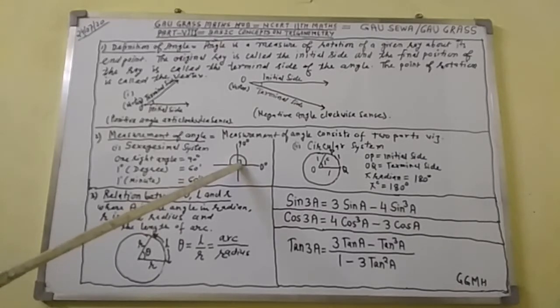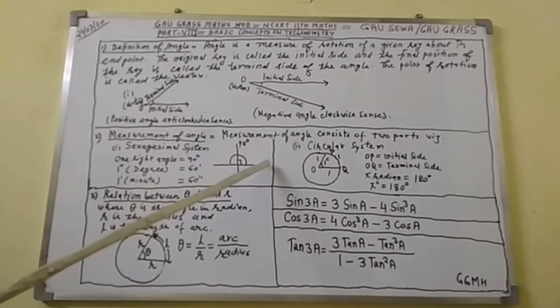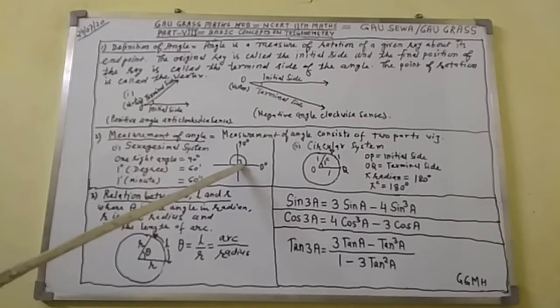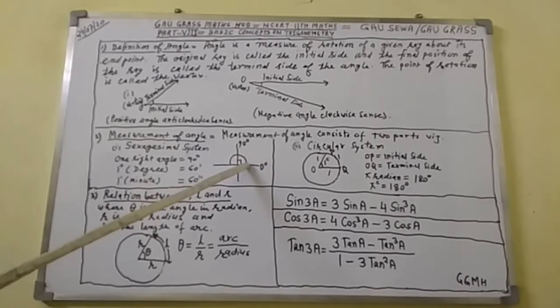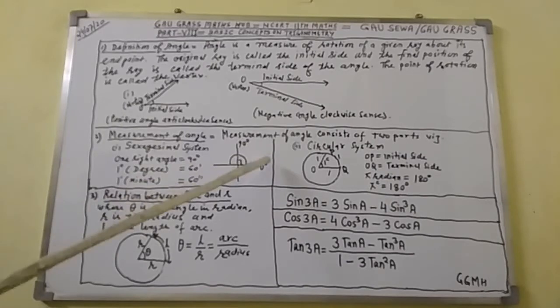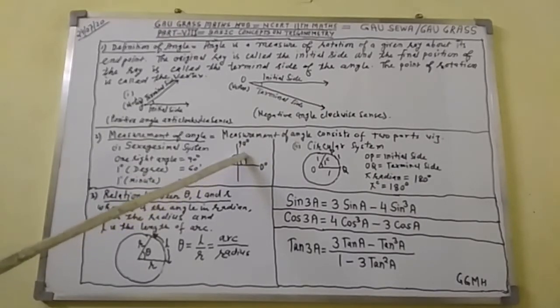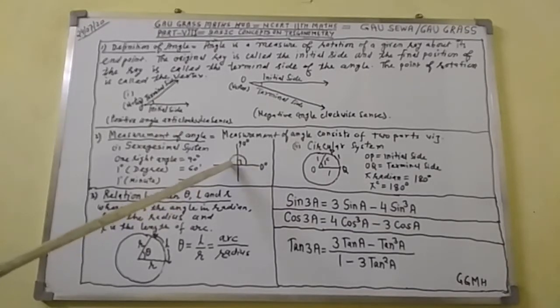The horizontal line is the beginning, that is 0 degree. If you turn from 0 degree up to this level, the angle will be 90 degree. If you go in the anti-clockwise direction up to this one, it is known as a straight angle, that is 180 degree.